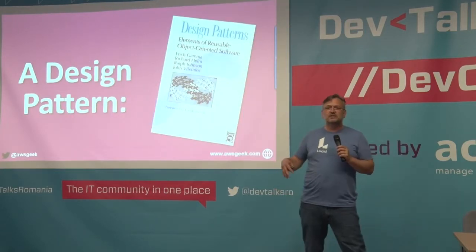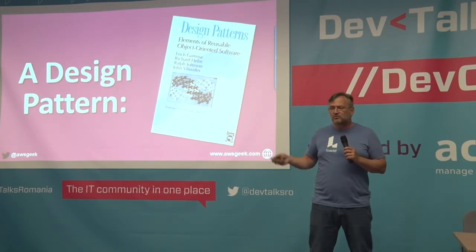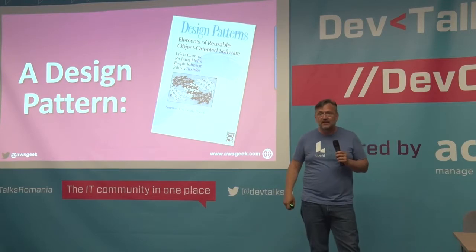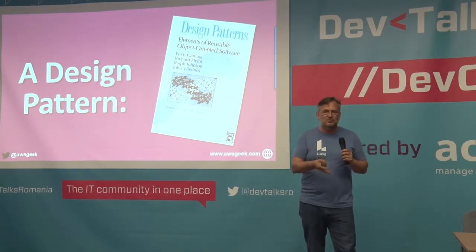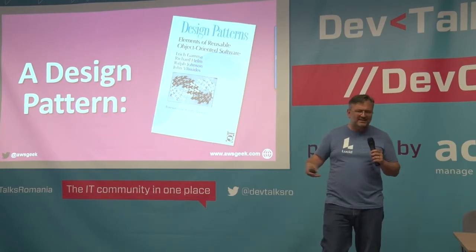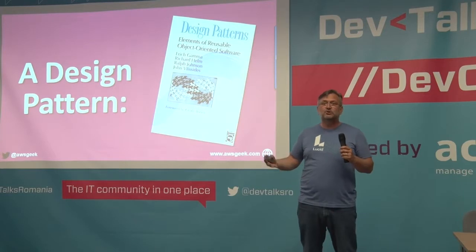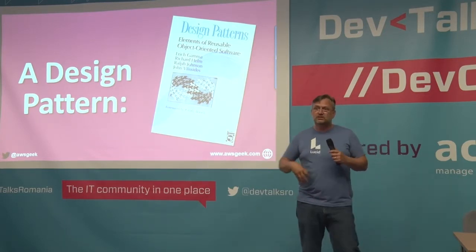Design patterns. As software developers, we're probably all familiar with design patterns. If you've been in the industry long enough, you probably recognize this book that's on the screen, the Gang of Four Design Patterns book. I think this is probably out in the late 90s. It's been around for a long time. Design patterns are a great tool that we use in software development because they allow us to talk a similar language.